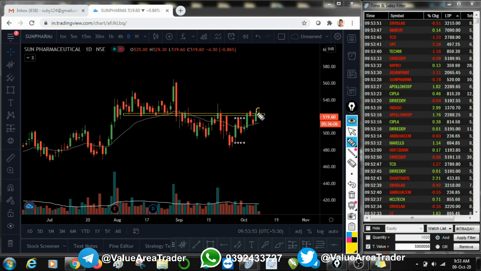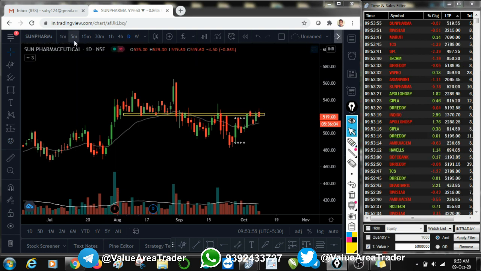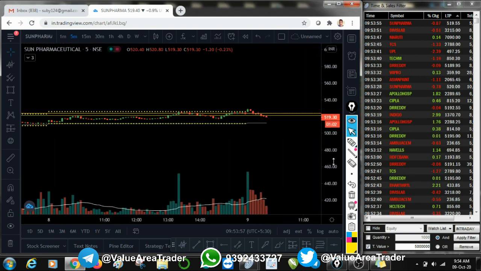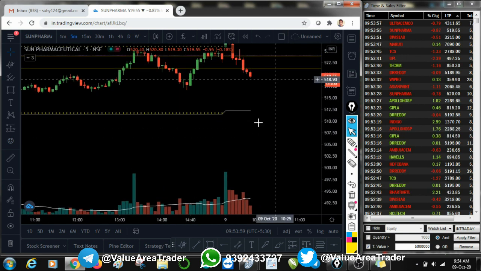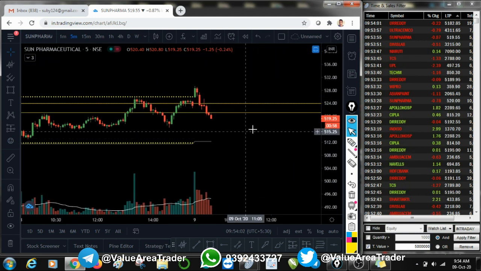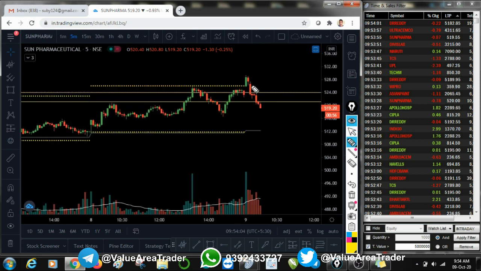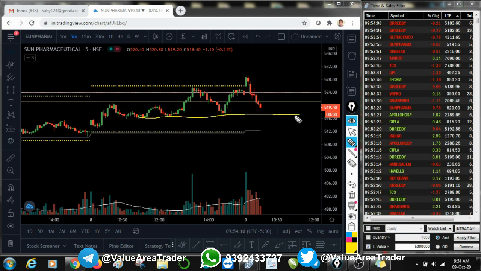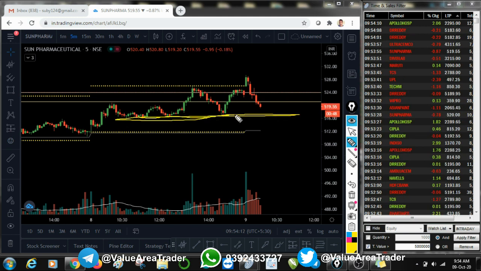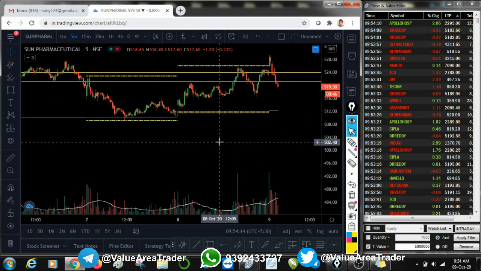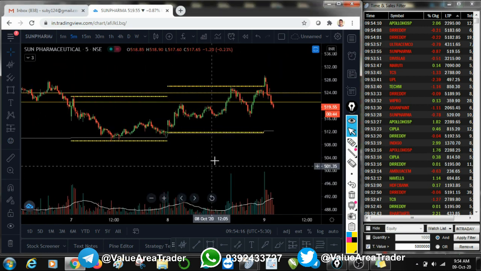I think, let's say, it is a fake out, and hopefully it is going bearish. So do we have any space to take a trade? A lot of red candles, so we will avoid doing that, and we have a support here, right? So we will wait for Sun Pharma to come to the support and show some reaction to us.